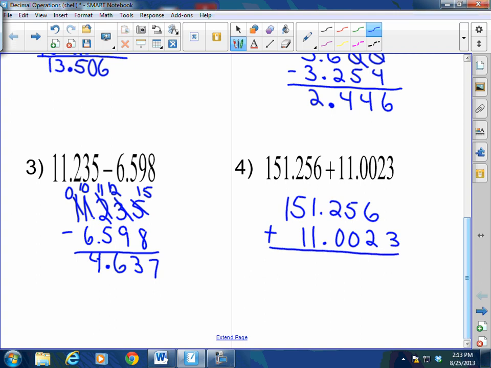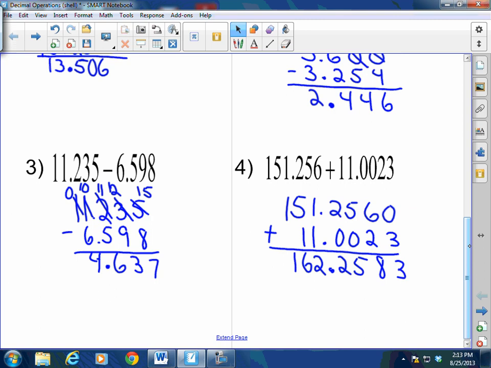Again, whenever I have a number in the bottom part, whether I'm adding or subtracting, get in the habit of putting a 0 above it if there's not a number there already. 3 plus 0 is 3. We got 8, 5. Please stay neat, steady, line things up. It's all about organization, making sure your answer is clear, not only to you, but to the reader of your answers. All right, so that's adding and subtracting decimals.